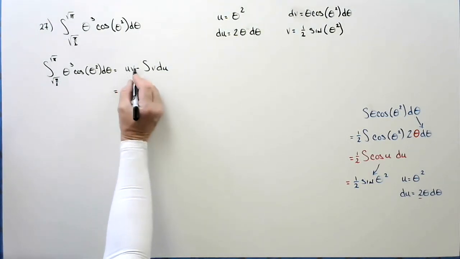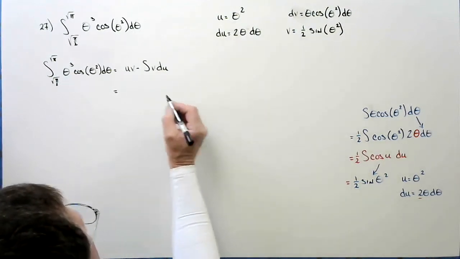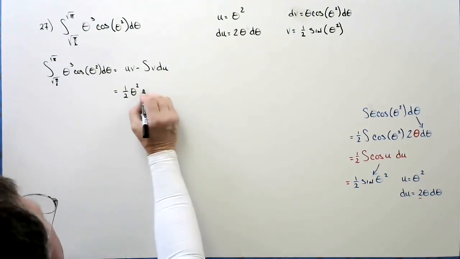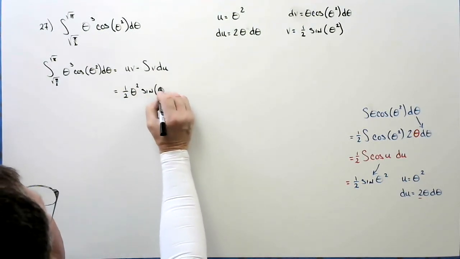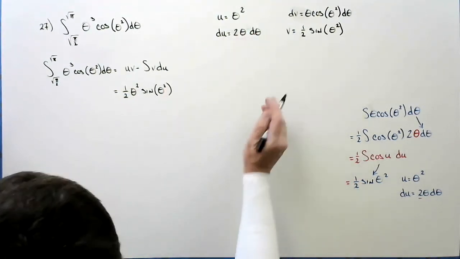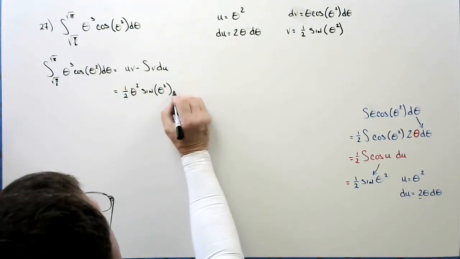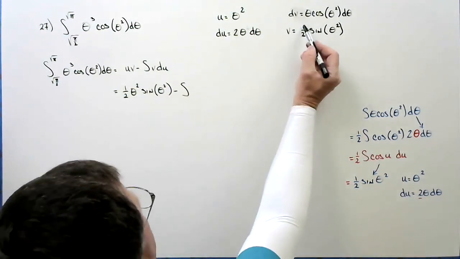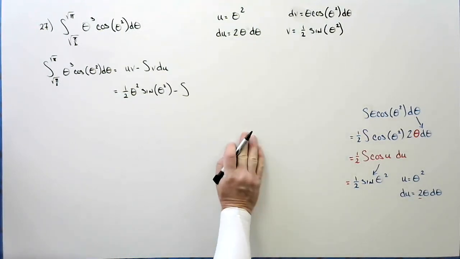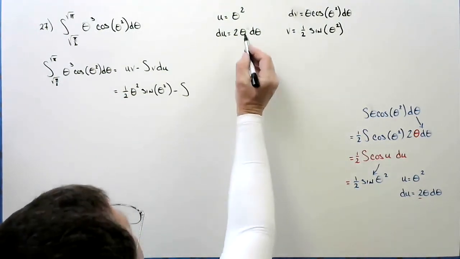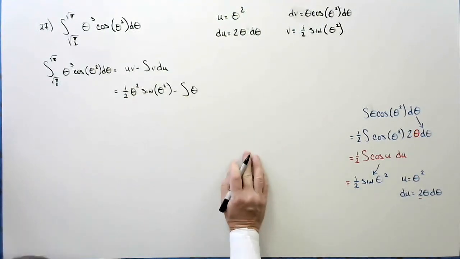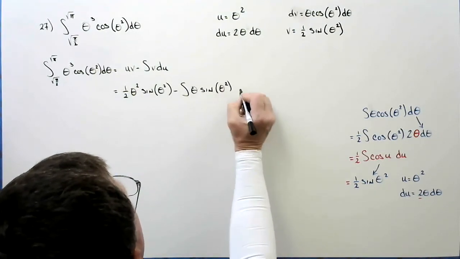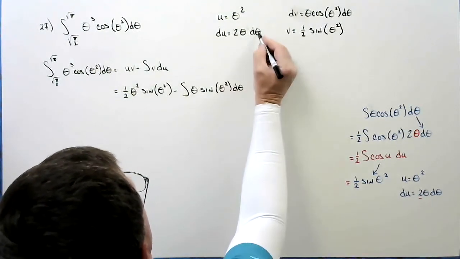That's going to be then u times v. u times v is going to be 1/2 theta squared sine of theta squared, right? u times v, minus the integral of v du. Well, that's going to be 1/2 times 2, which is 1, theta from here, sine theta squared d theta from here.